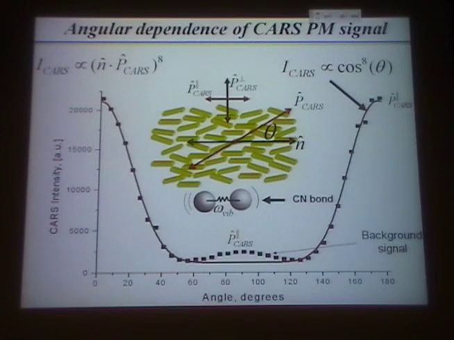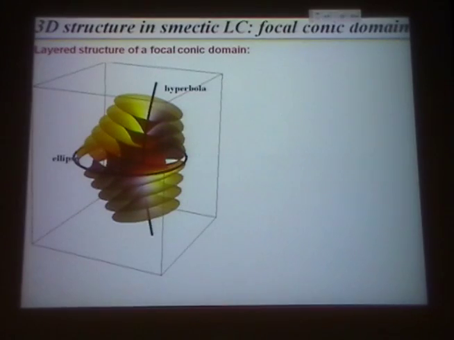For example, if we use CARS imaging with polarized detection where the polarizer is parallel to the polarization of excitation laser light, we have a dependence of the order of cosine to the 8th power of theta, where theta is the angle between the director and the polarization of the excitation light and the detected CARS signals.